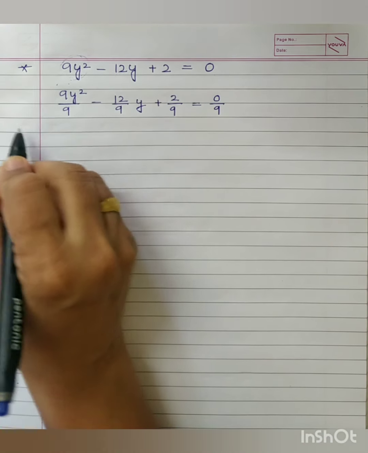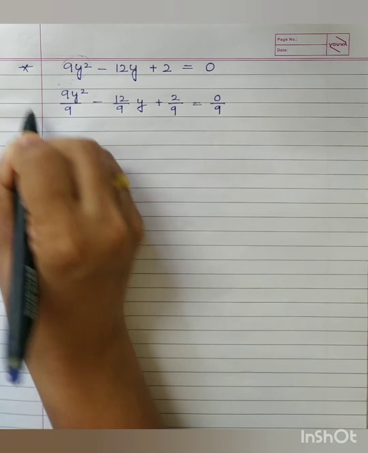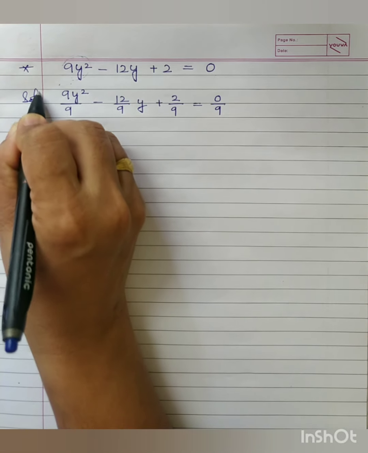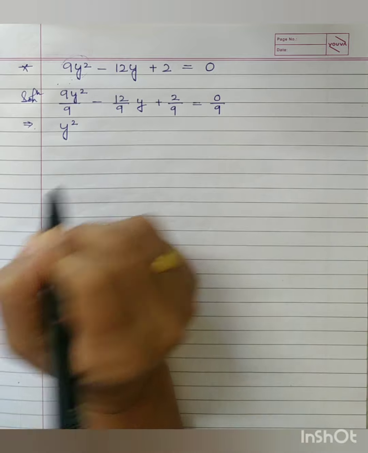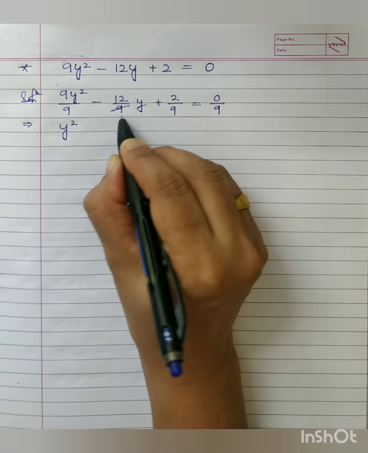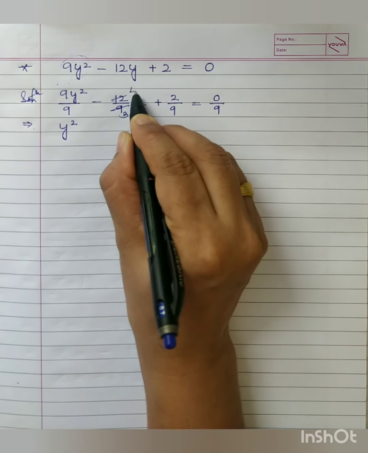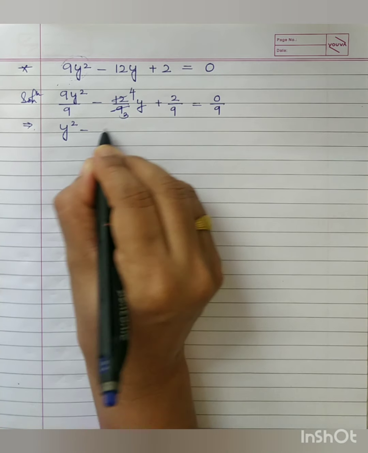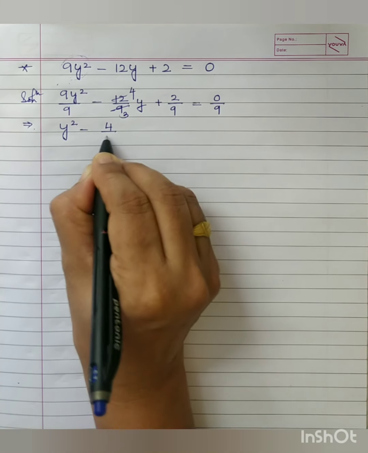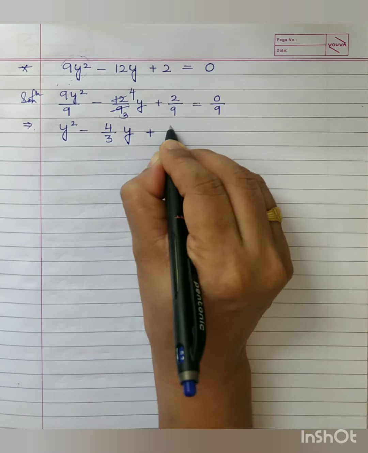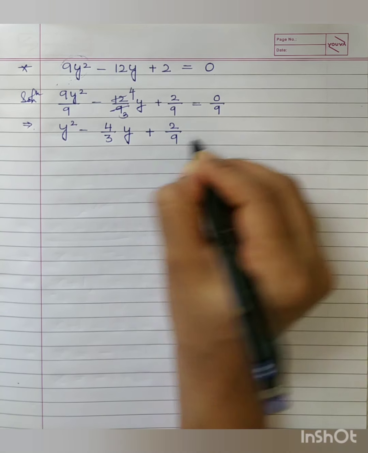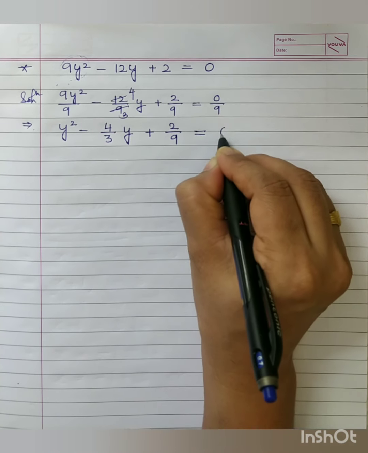Then simplify it further. What will it become? Y square. Can you simplify this? Minus 4 upon 3 y plus 2 upon 9 is equal to 0.